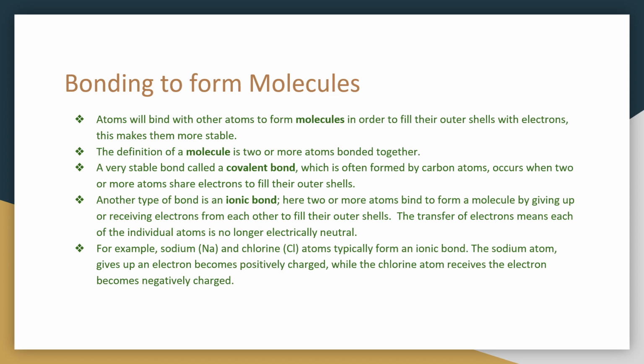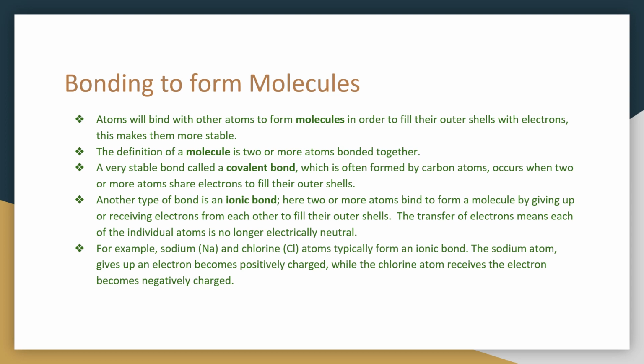Another type of bond is an ionic bond, where two or more atoms bind to form a molecule by giving up or receiving electrons from each other's outer shell to fill their outer shell. The transfer of these electrons means each of the individual atoms is no longer electrically neutral. For example, sodium chloride typically forms an ionic bond.